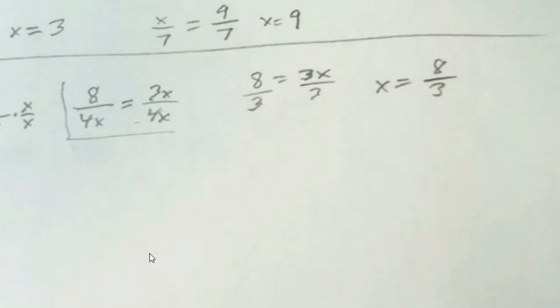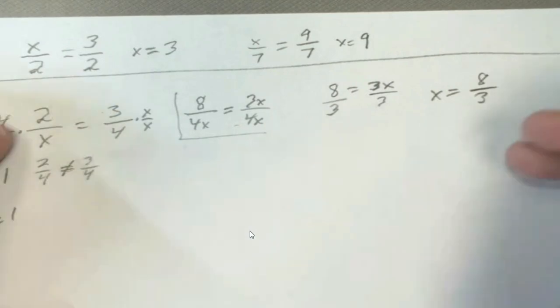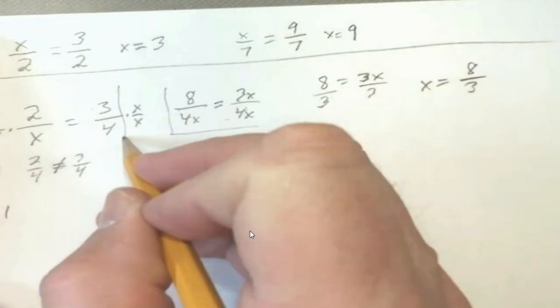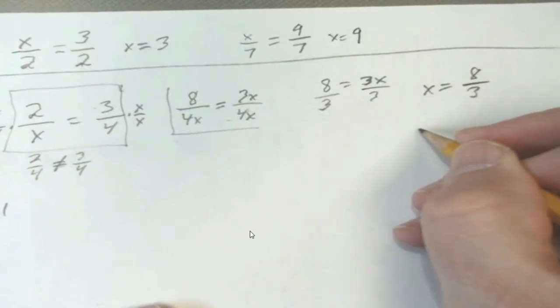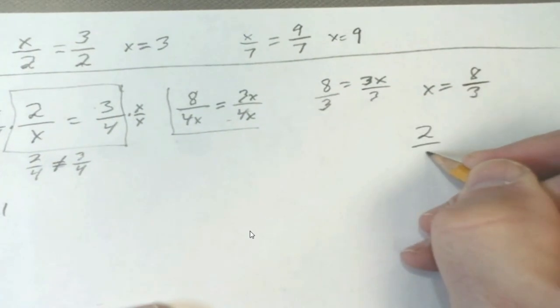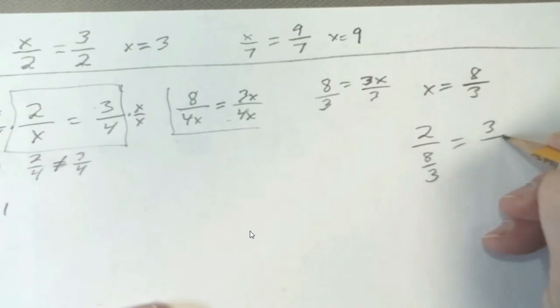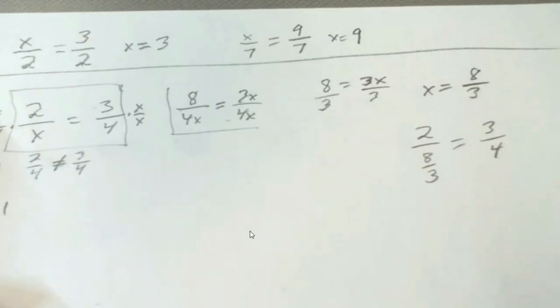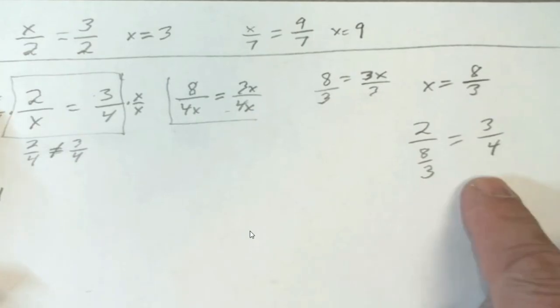And we're like, well, is 8/3 correct? Well, let's test it. The original equation is right here. 2 over 8/3 equals 3/4. Like, Mr. Brock, how do we simplify? Is that equal to 3/4?